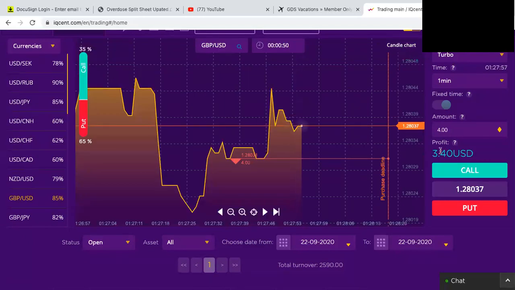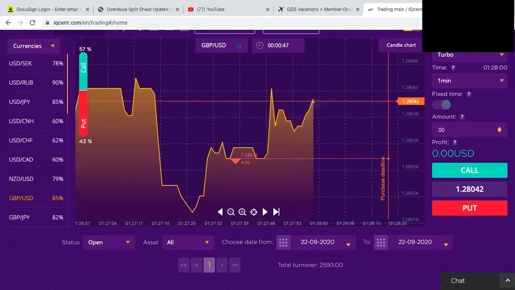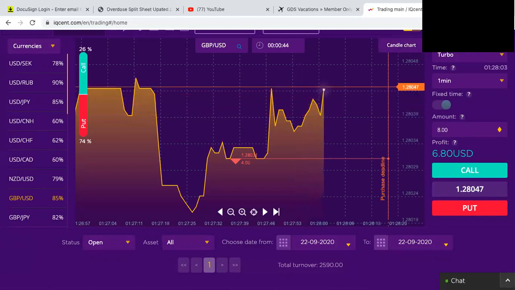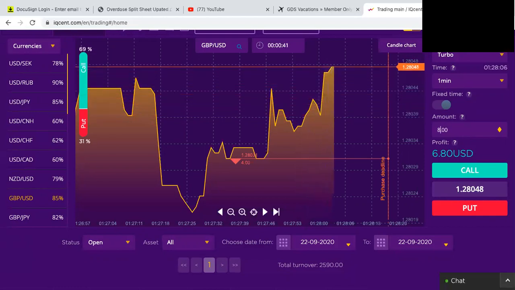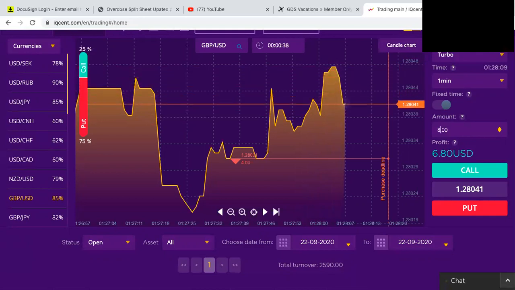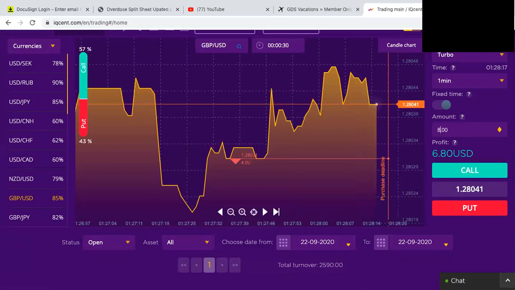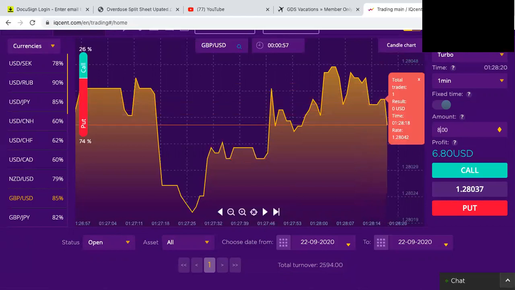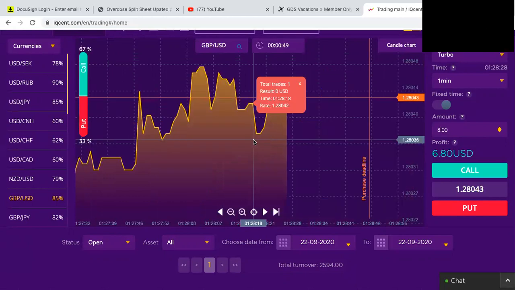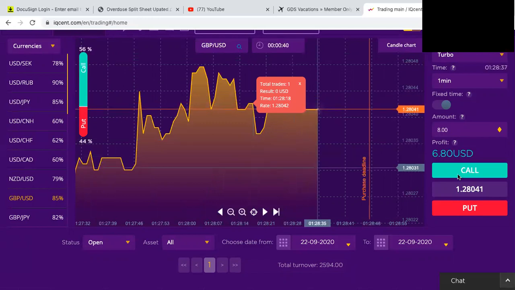The next trade will be on the tick chart, and that trade will be at $8. Looking for 78% on the entry here. $79 on the call.